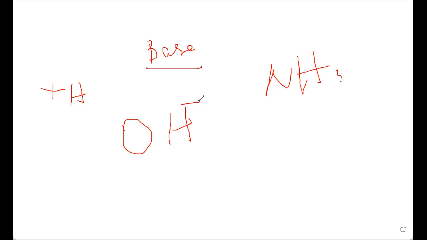So if any substance is accepting a proton, that is a base. Or if any substance is donating OH negative ion, that is a base. We have different types of base. For example, ammonia. Why is ammonia a base? There was a confusion when we discovered ammonia. Most of the scientists said that ammonia is not a base.